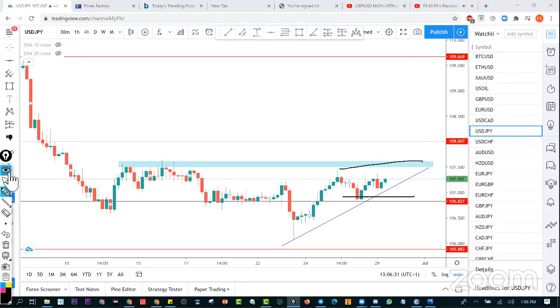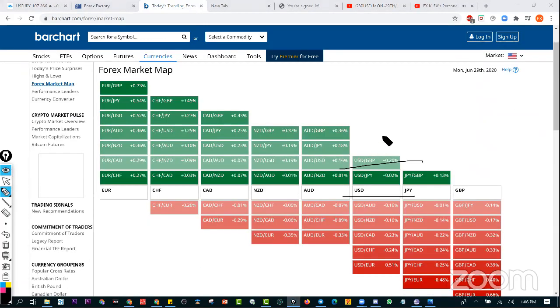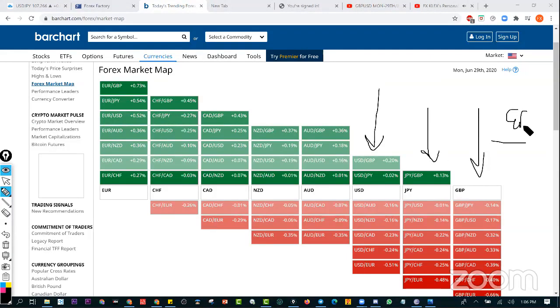And then if I navigate to the sentiment factors right now in the market, we can see USD is the third weakest currency right here in the market now. And we can see GBP, pound sterling, is the weakest currency. And then we have the Japanese yen, the second weakest currency.